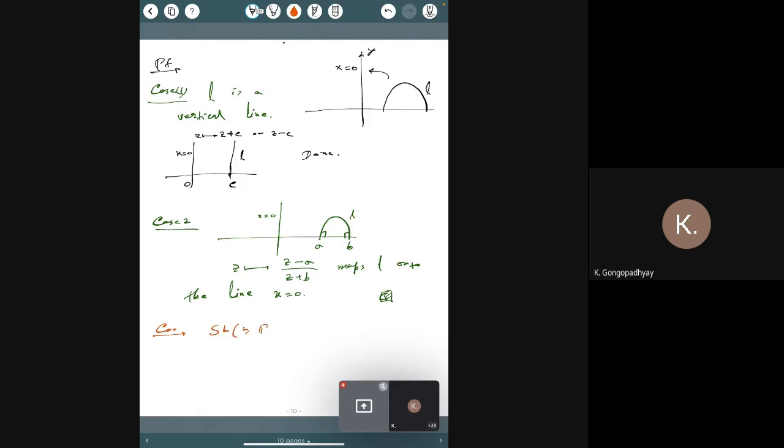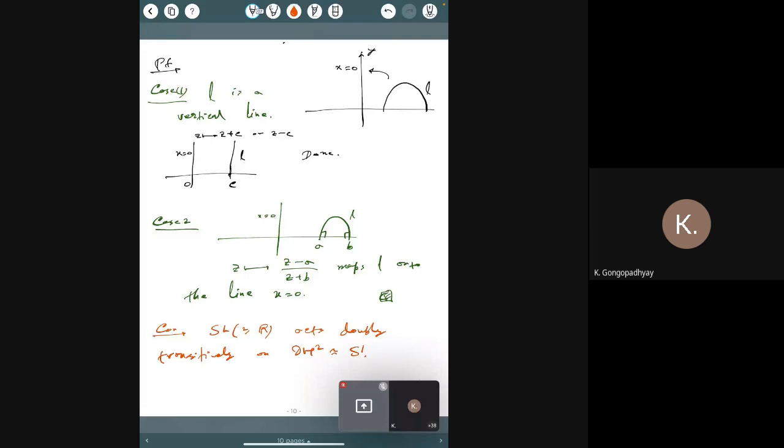So as a corollary, this also shows that SL2R acts doubly transitively on the boundary of H2.